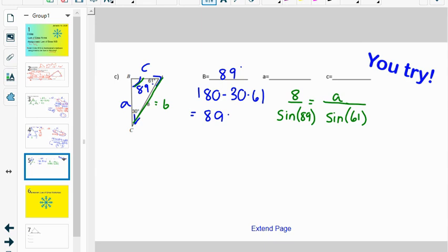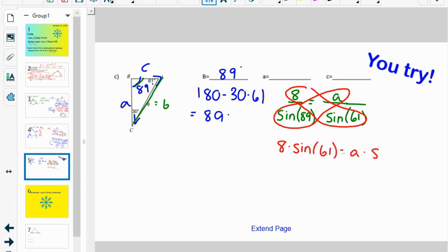Now I'm going to go solve. To solve, cross multiply. 8 times sine of 61 equals A times sine of 89. To get A by itself, we're going to divide sine of 89 to the other side.